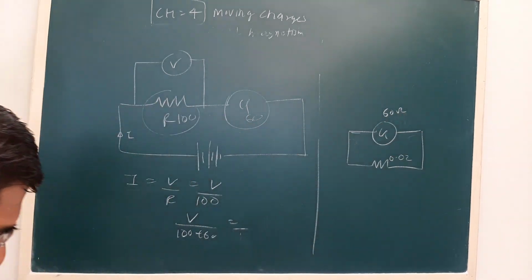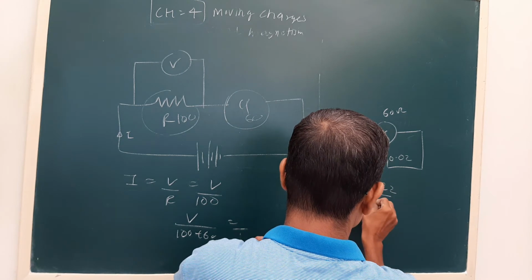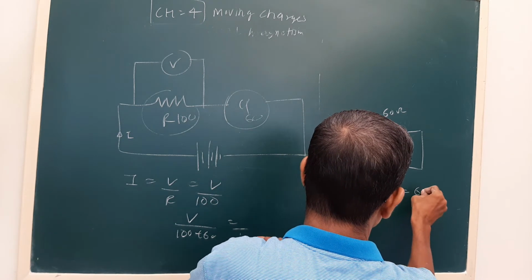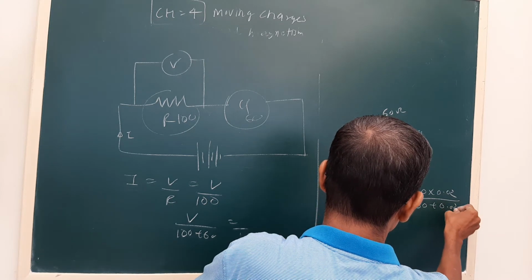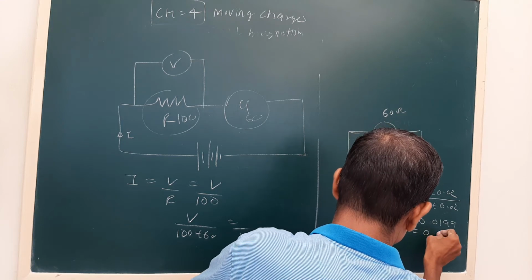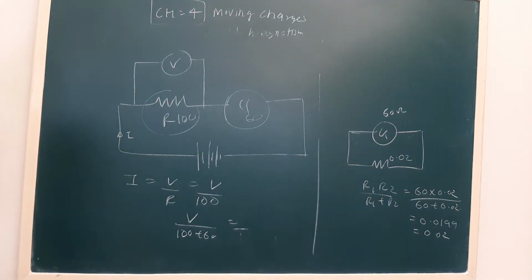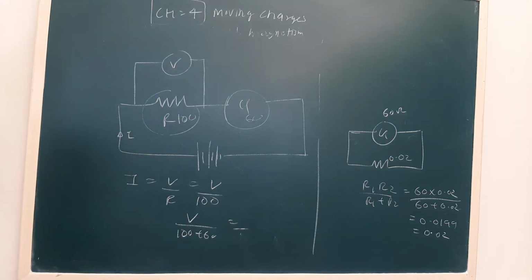Now see the property of the parallel connection, R1 R2 upon R1 plus R2. So you will see that the resistance will change significantly.